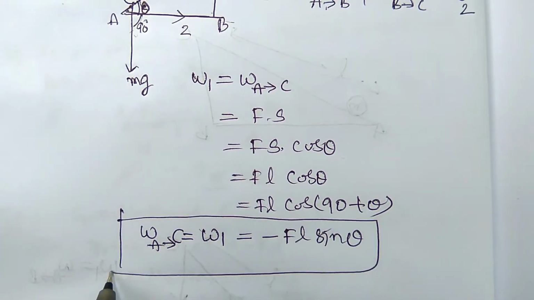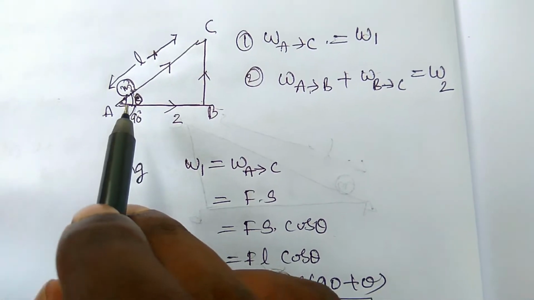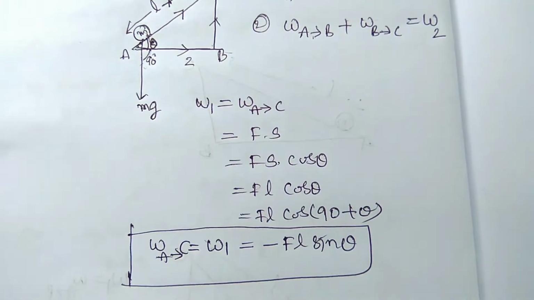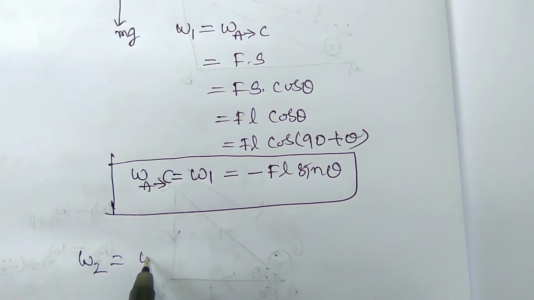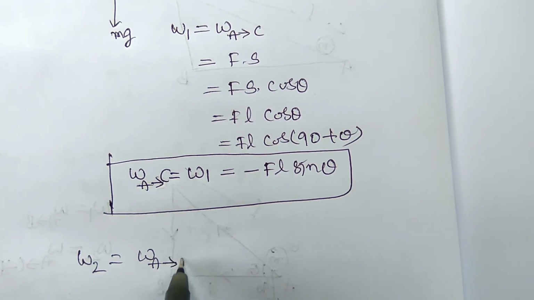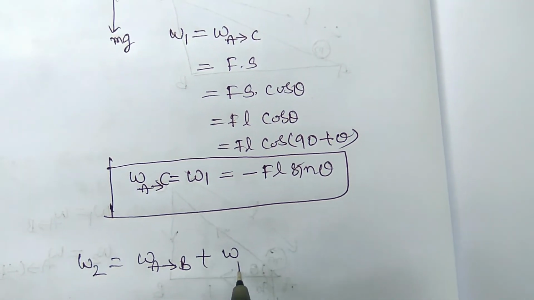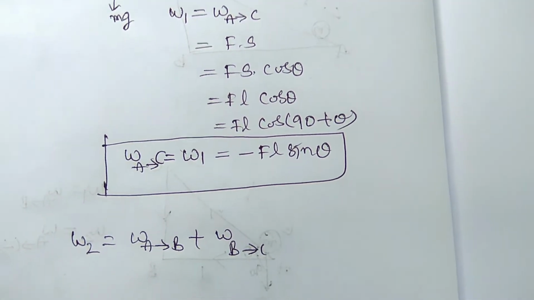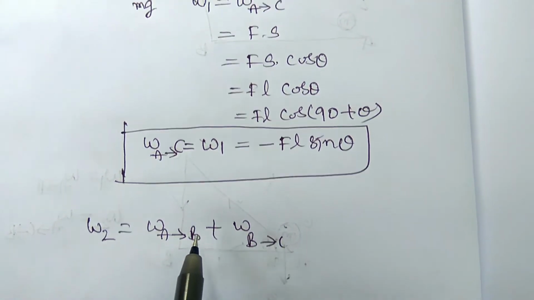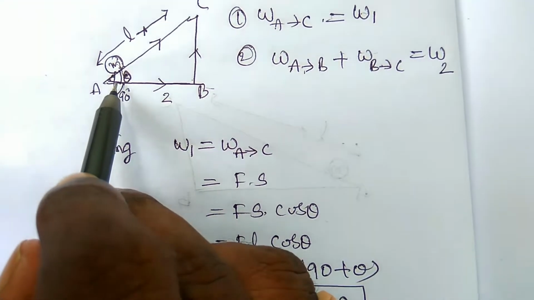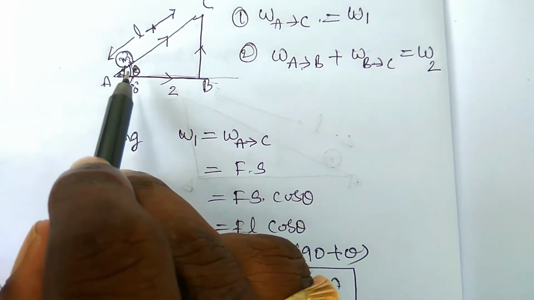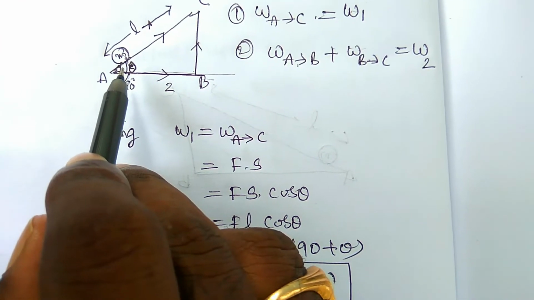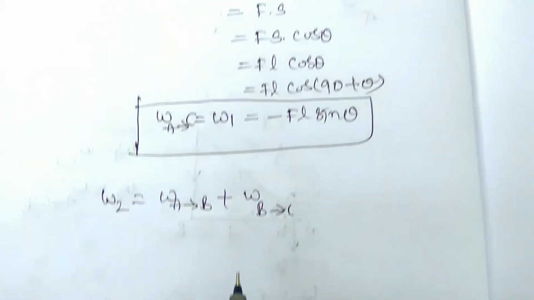Let us find the work done by path 2, which is A to B and B to C. The work done by path 2 is equal to the work done by the path A to B plus the work done by the path B to C. For A to B, this is horizontal, right? Here there is no angle, theta is equal to 0.